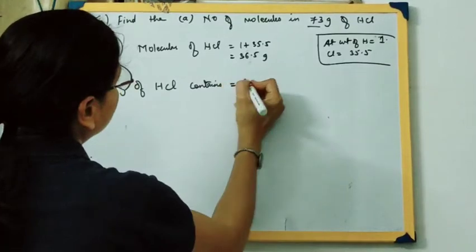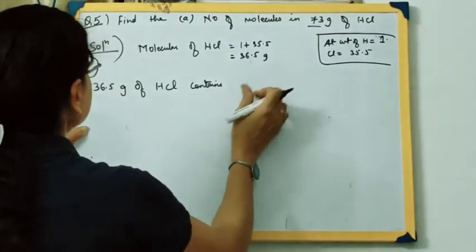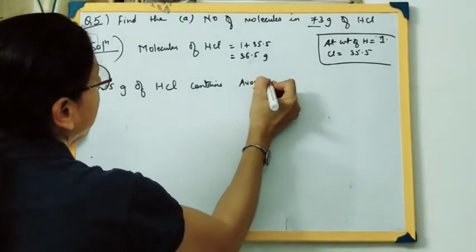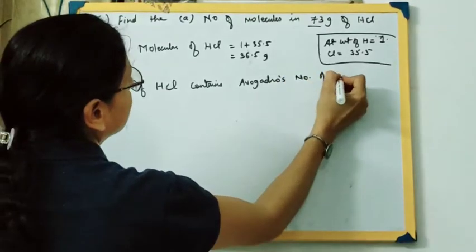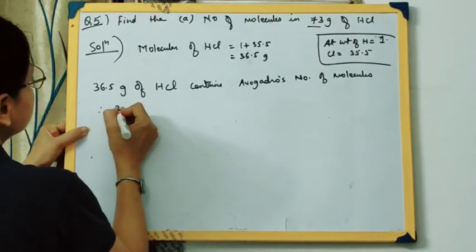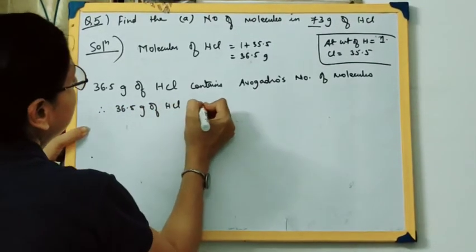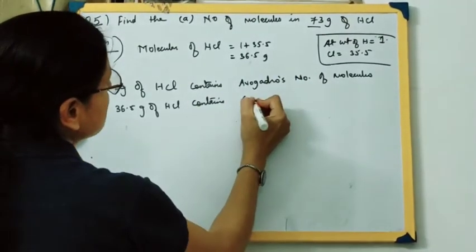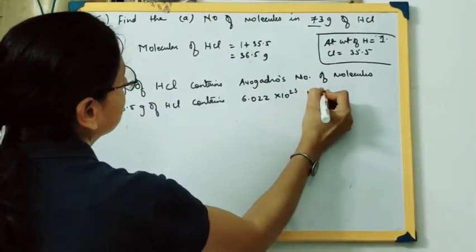So Avogadro's number of molecules is equal to how much? Therefore, 36.5 grams of HCl contains, what is Avogadro's number? It's 6.022 into 10 to the power 23 molecules.